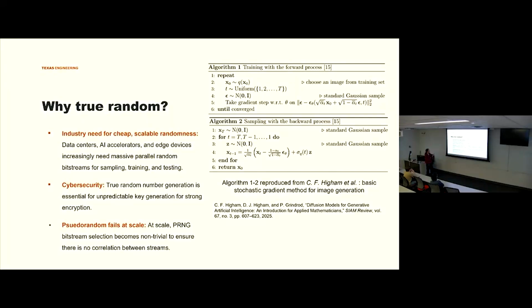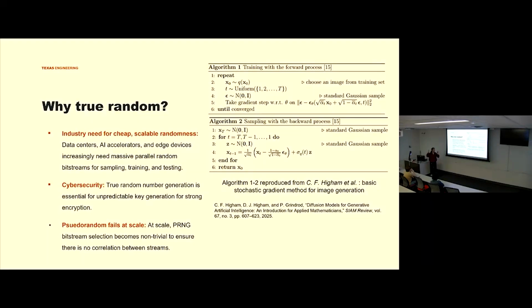The issue is that right now we're using pseudo-random number generation because it's fast and energy efficient, or I guess Nicholas said it was. It's still CMOS, so there's Joule heating loss. But you run into an issue with pseudo-random number generation whenever you're trying to sample hundreds or thousands of streams.